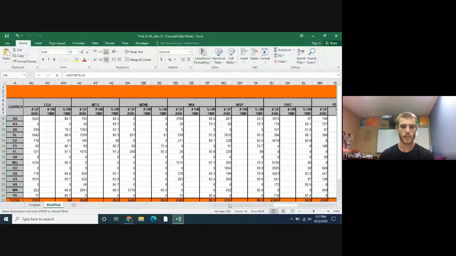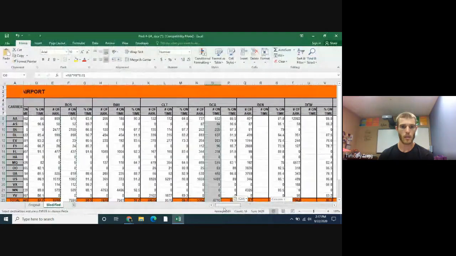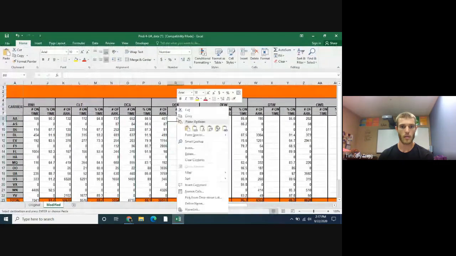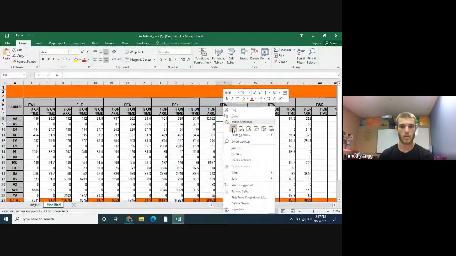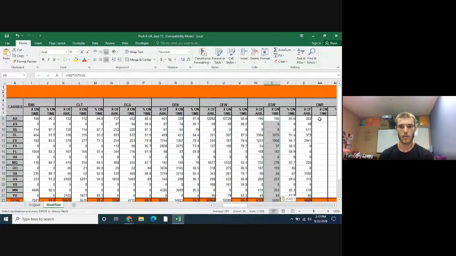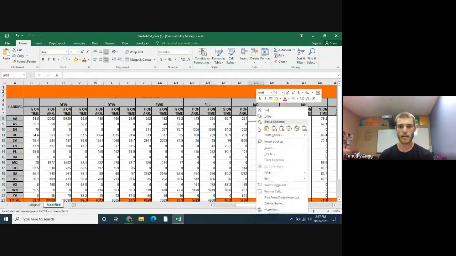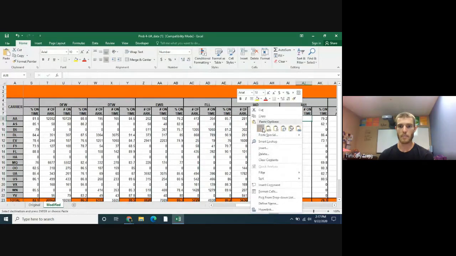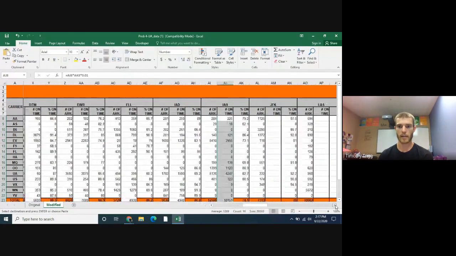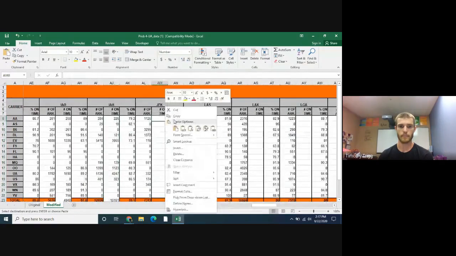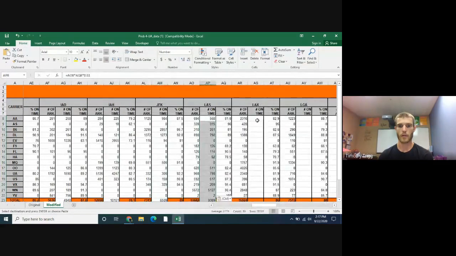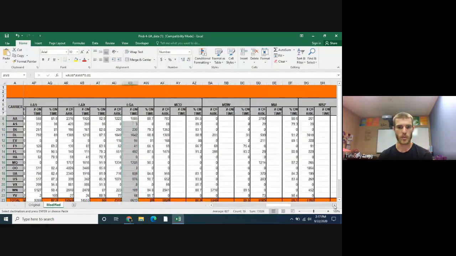I'm going to go ahead and do this very quickly. Since I already have that formula copied, it automatically will allow me to paste all the way across for each city, or each airport, I should say.